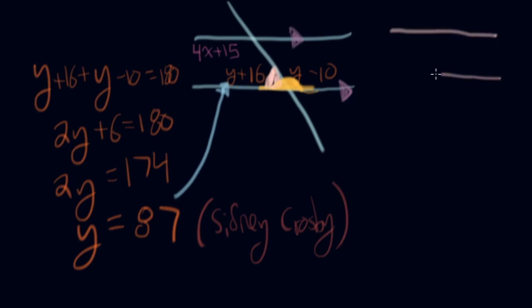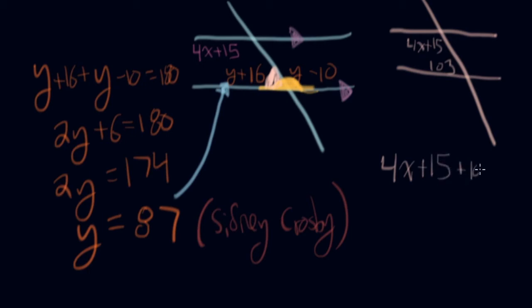If I redraw this, you know that this angle here is 103, and you know that this is 4x plus 15. What do you know about those two angles together? According to transversal laws, if I add those two things together, 4x plus 15 plus 103, that would have to equal 180. Awesome.